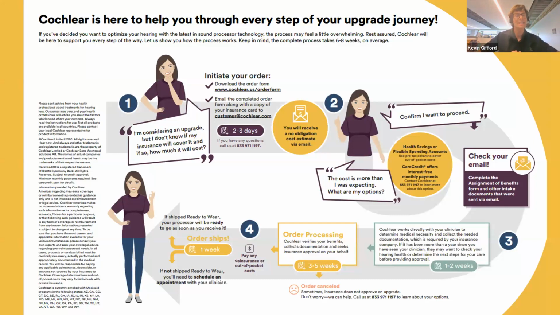Once we receive the signed documentation back, we review it to make sure everything looks correct. We want to make sure it's a one-time deal. And then once everything looks good, that is when we start working with your insurance for authorization. So this is why the entire process usually takes 6 to 8 weeks: the documentation, getting those signatures, and then working with insurance for authorization and payment.